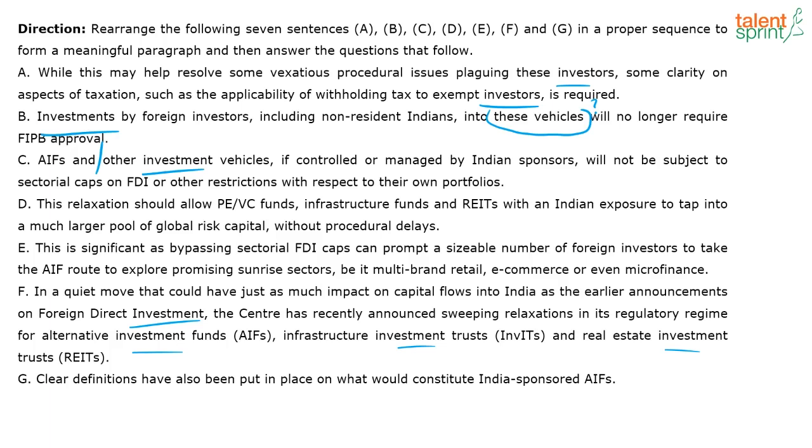Now, these are the vehicles, right? Alternative, infrastructure, real estate. So now it makes sense. So these investment vehicles are mentioned here, introducing what is happening around FDI, right? So obviously F has to be my topic sentence without any doubt, right?